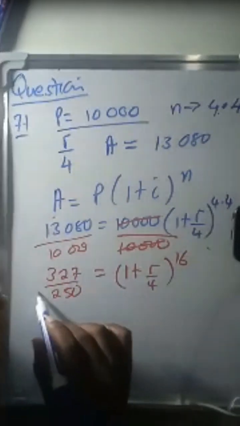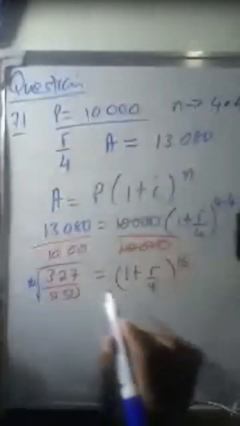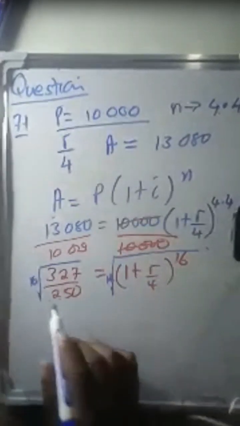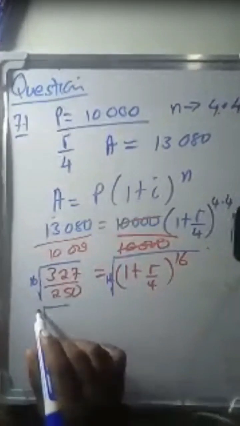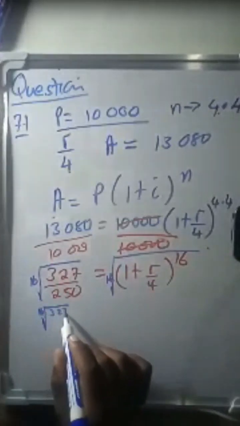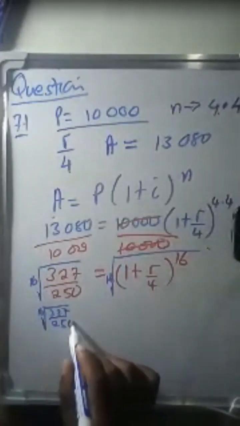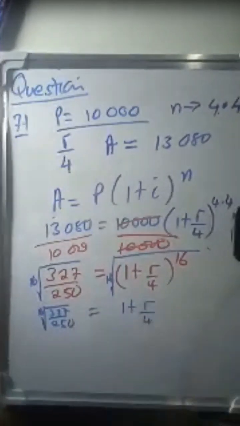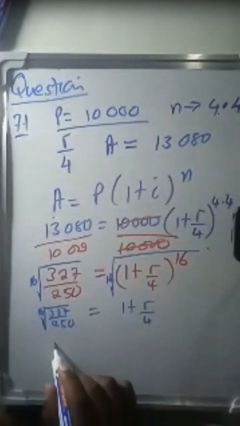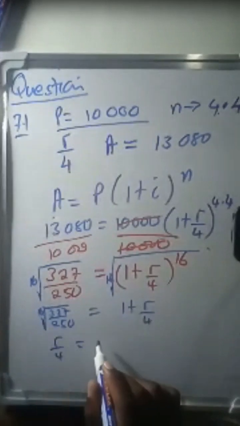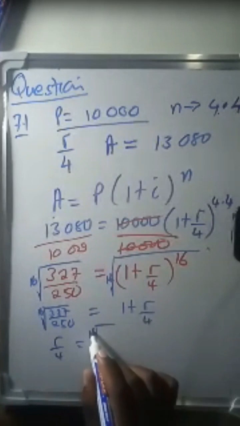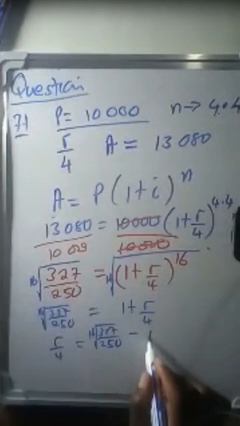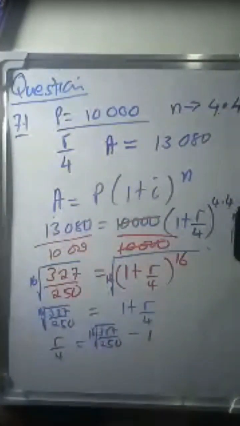So this is going to be the 16th root, such that the 16th root of 327 over 250 equals 1 plus r over 4. So r over 4 is going to be the 16th root of 327 over 250 minus 1. We have taken 1 across, it becomes minus.